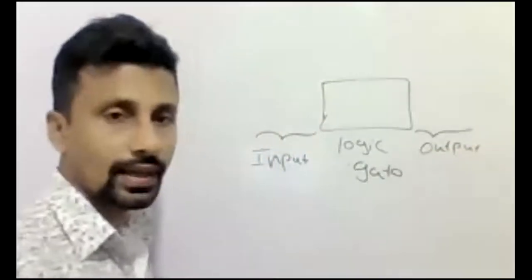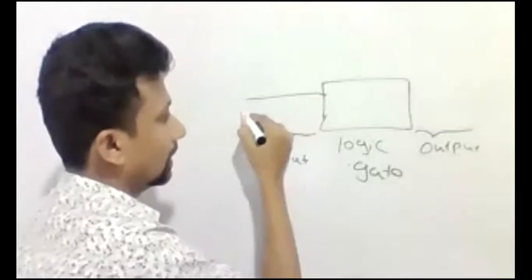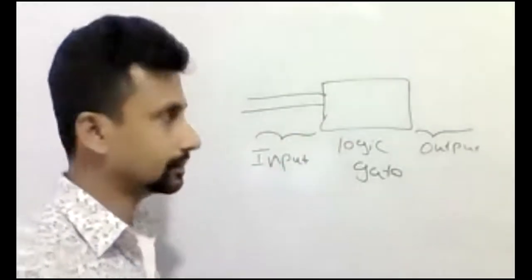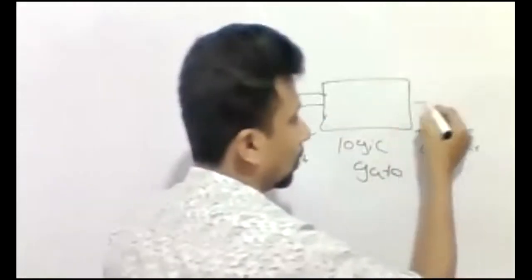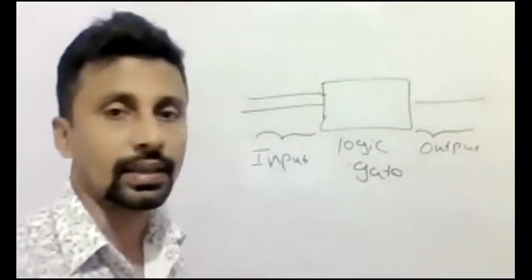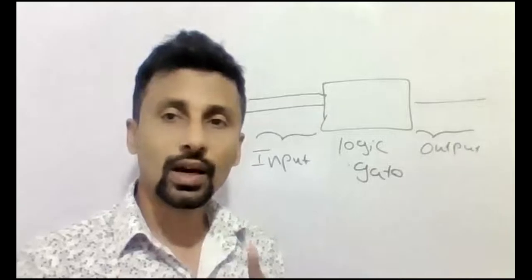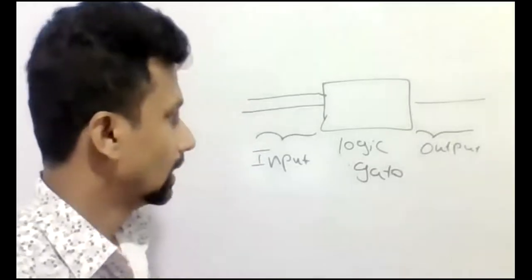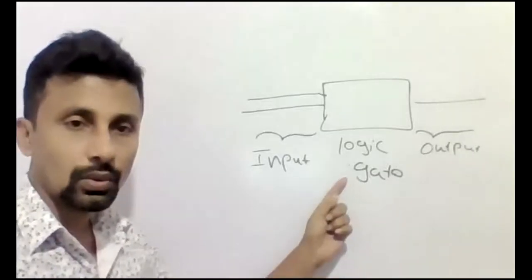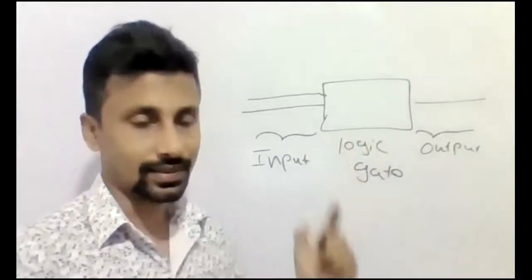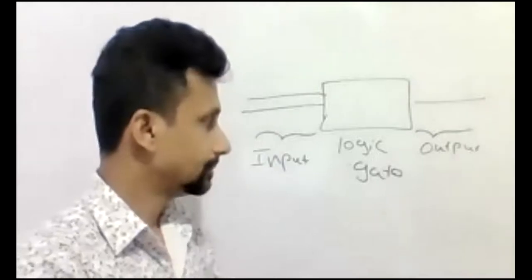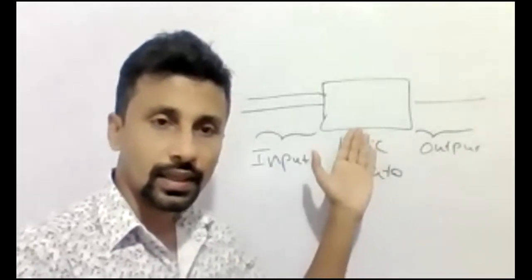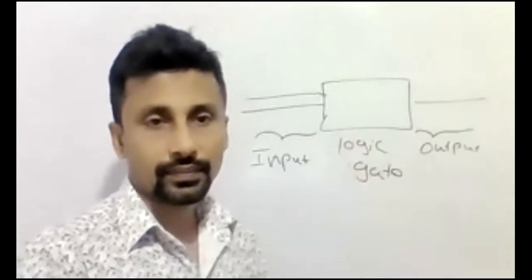You can have either one input, 2, 3, like that. You can have several inputs even, but all the time you have only one output. Remember that, right? According to the logic gate inside this box, it is processing.